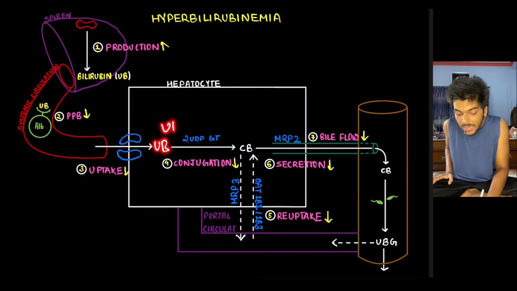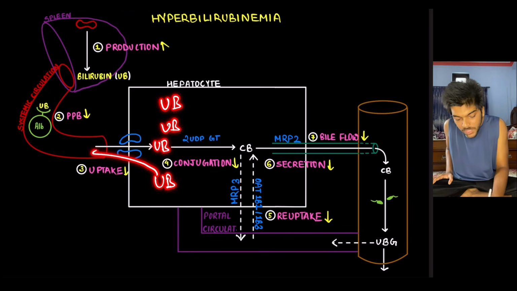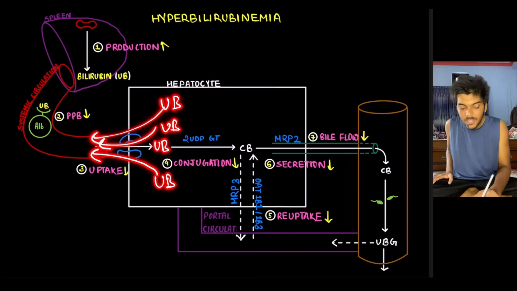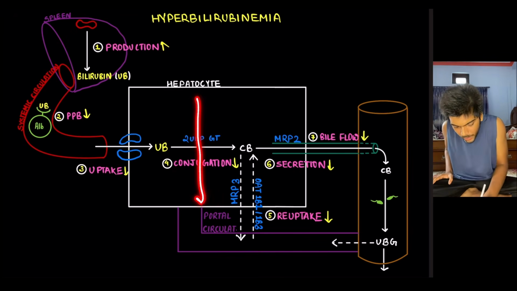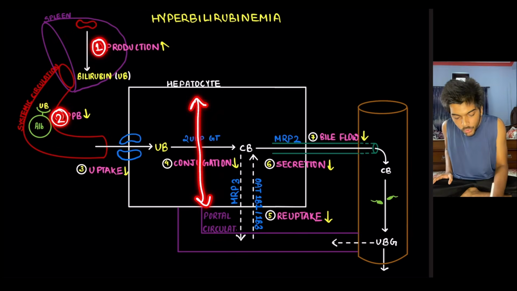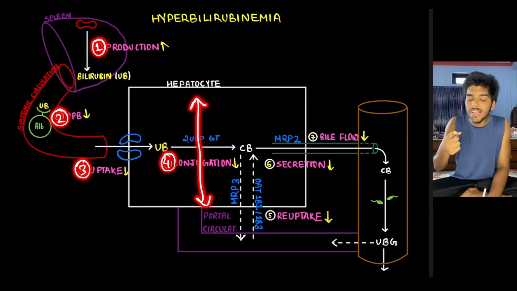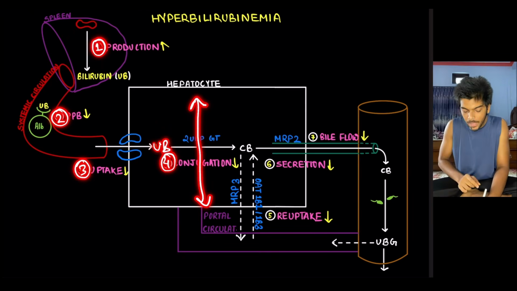Unconjugated bilirubin will get accumulated in the liver cell, and then it will be pushed back into the circulation, leading to unconjugated hyperbilirubinemia. Till this point, these defects at number 1, 2, 3, and 4 led to increment in the level of unconjugated bilirubin in blood, leading to unconjugated hyperbilirubinemia.